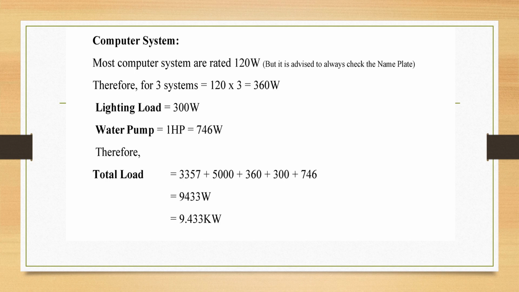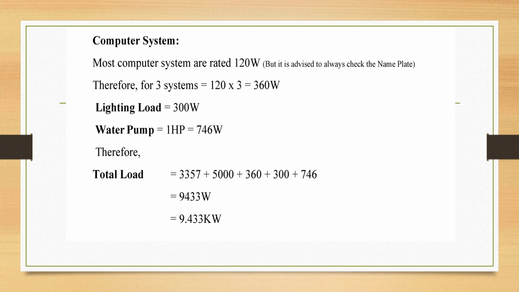For the computer systems, most computer systems are rated 120 watts, not laptops. Laptops are usually 80 or 90 watts, but for desktop computer systems, 120 watts. So if we take it as 120 watts, and the question says there are 3, 3 times 120 will give us 360 watts.